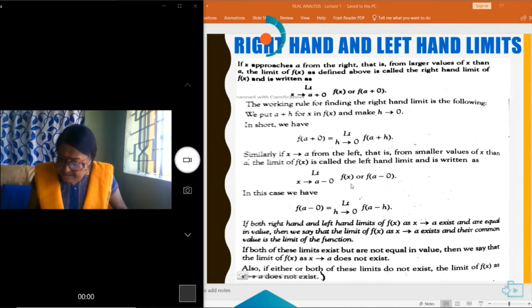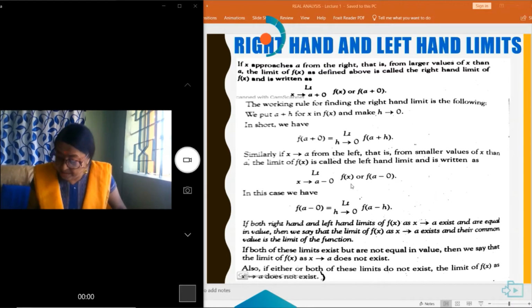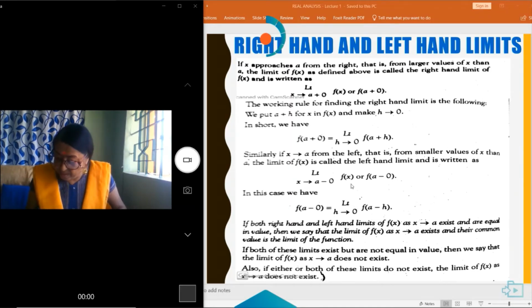If both the limits, that is the right hand limit and the left hand limit of f(x) as x tends to a, exist and are equal in value, then the limit of f(x) as x tends to a exists, and the common value is known as the limit.